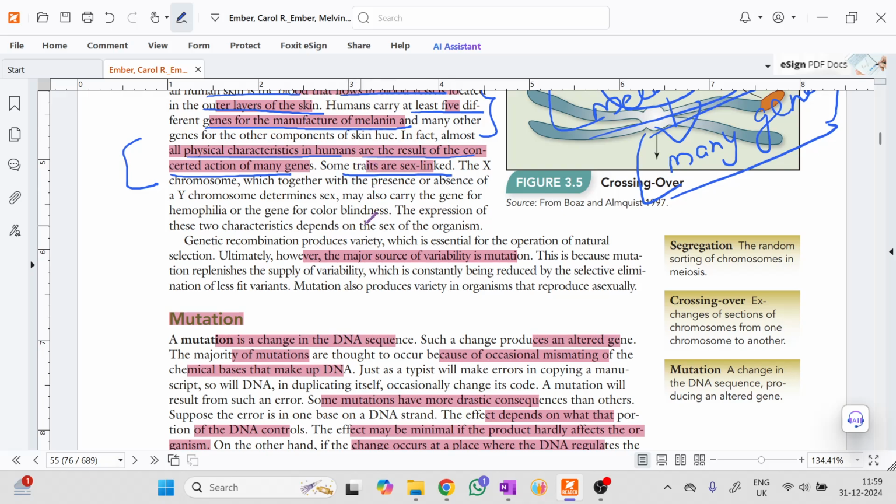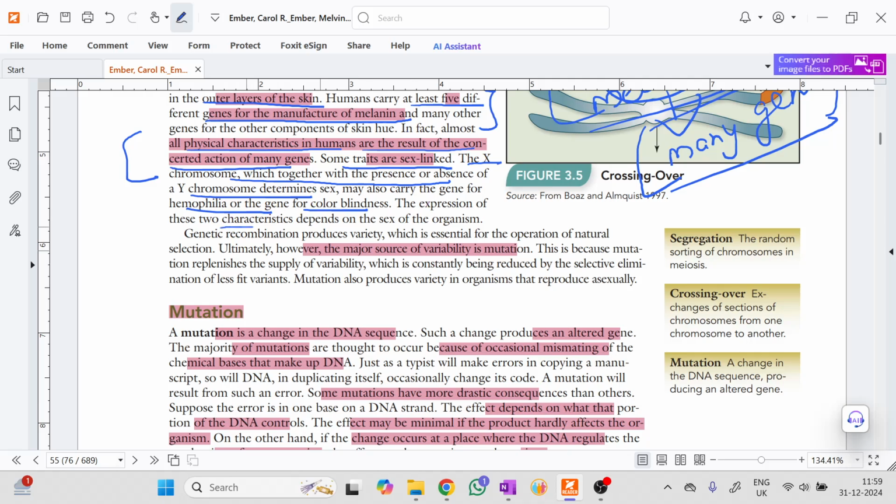And there are some traits which are sex linked. So the X chromosome, which together with presence or absence of Y chromosome determines sex, also carries genes for hemophilia or color blindness. So the expression of a characteristic depends on the sex of the organism.